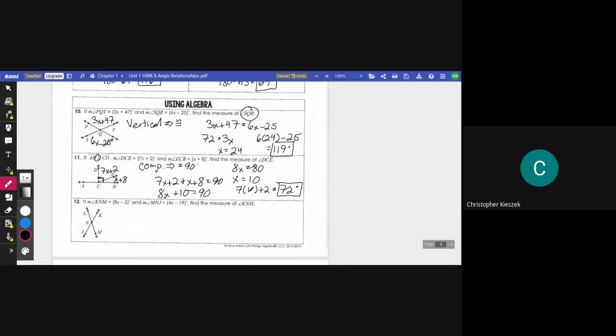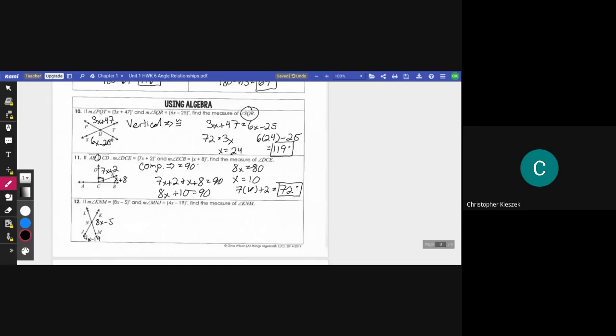Let's look at number 12. KNM is 8x minus 5, so right here. MNJ is 4x minus 19. And they want you to find KNM. So based on what they gave you, what kind of angles do I have?